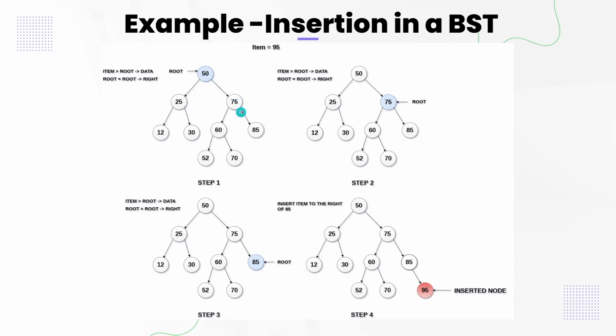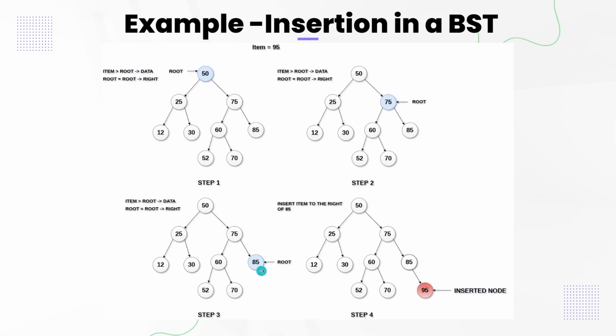The root of the right subtree is 75. Now, we compare the key value 95 with 75. This value is greater than 75, so we move along the right subtree. Now 85 becomes the root of this right subtree, and we compare 85 and 95. As such, 95 is greater, and so this is where 95 should get added.